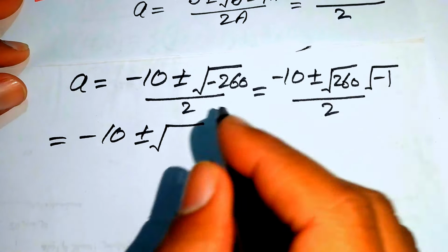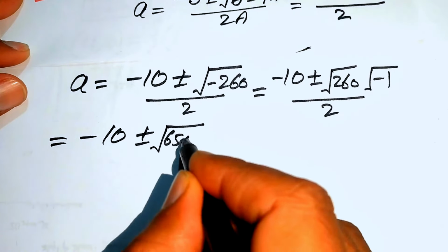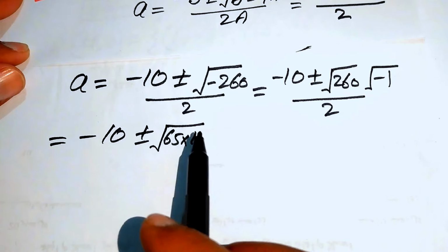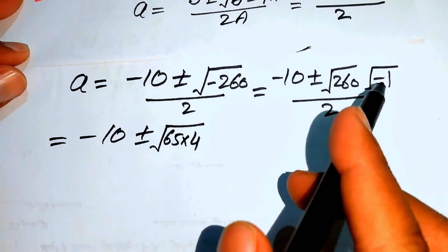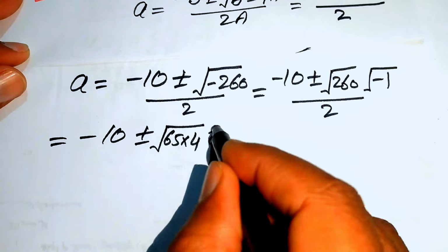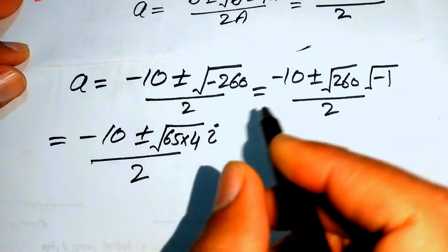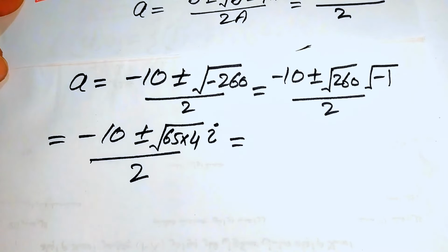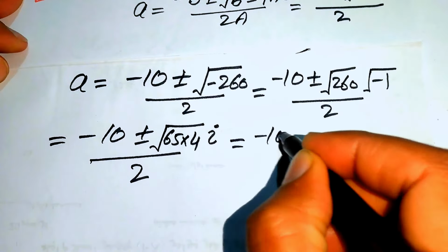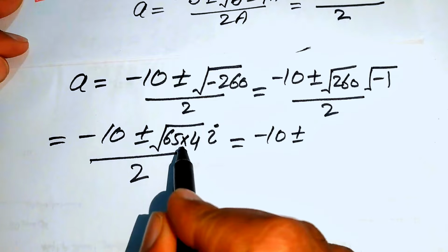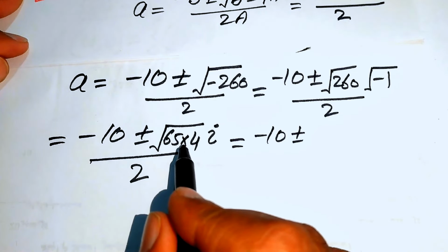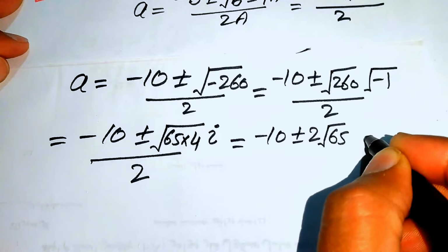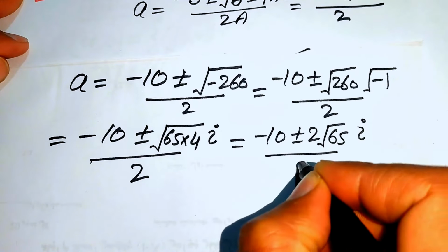We replace 260 by 65 times 4, because when you multiply 65 times 4, we get 260. Now we take a little bit of simplification and we get minus 10 plus minus, the square root of 4 becomes 2, and the square root of 65 times iota, divided by 2.